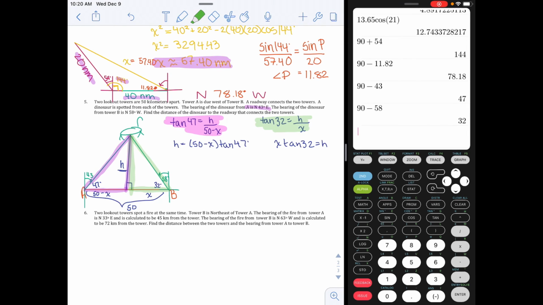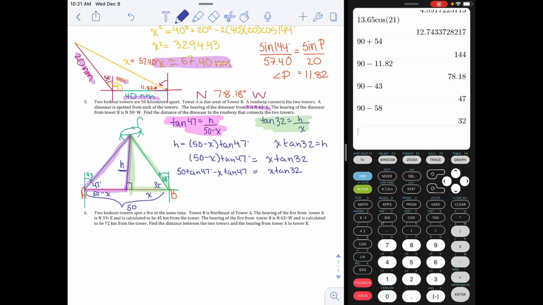Set both of these equal to each other. Distribute. So I get 50 tan 47 minus x tan 47 equals x tan 32.